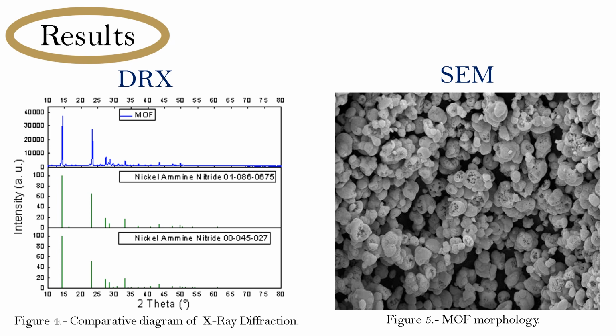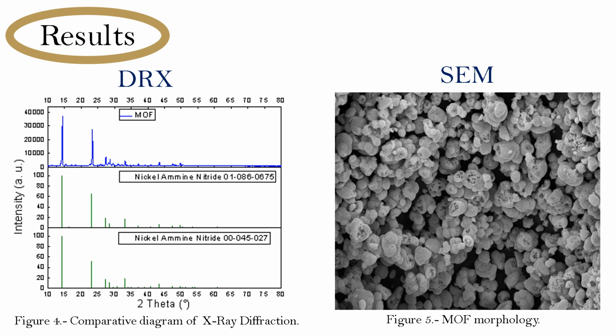The results of X-ray diffraction were compared with those of other compounds already reported, finding that the compound with the most coincidence with the MOF is nickel amine nitride, which is reported from two different sources, but having a similarity with the MOF diagram for the first 5 peaks located from left to right, while the peaks that could not be assigned are probably due to impurities in the sample by unreacted compounds.